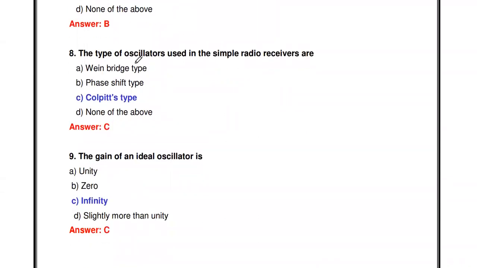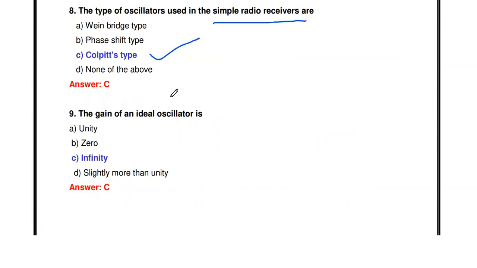The next one, the type of oscillator used in simple radio receiver is dash. Which type of oscillator are we using in a simple radio receiver? In a radio receiver, we are using the Colpitts oscillator. The Colpitts oscillator is used in radio receivers, that is for RF communication. For handling radio frequency signals, we are using the Colpitts type.